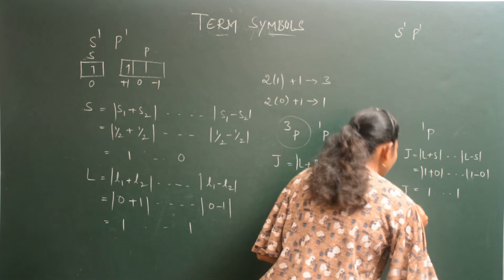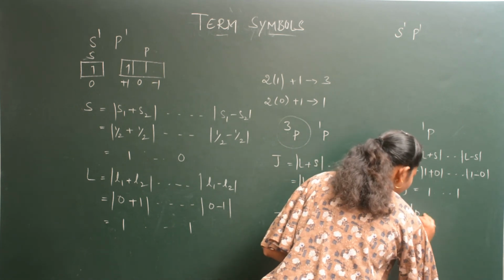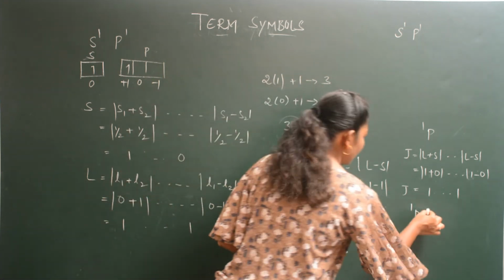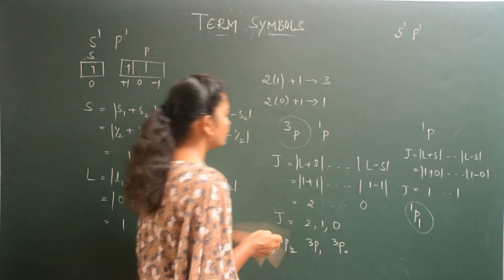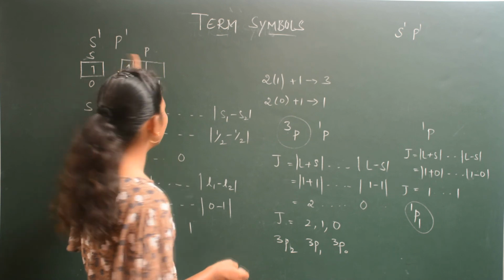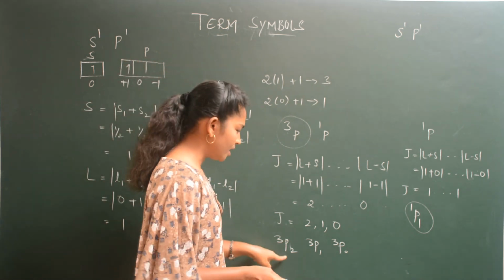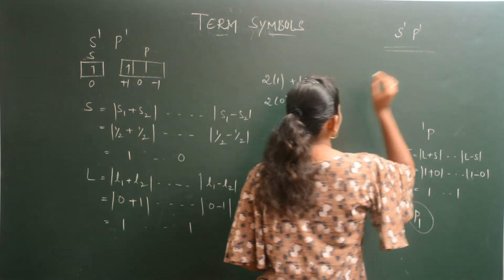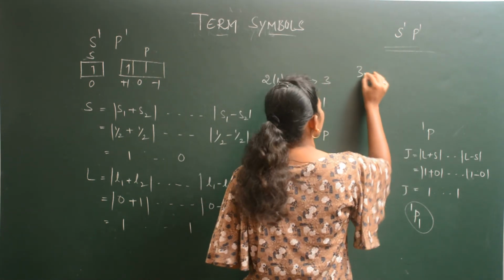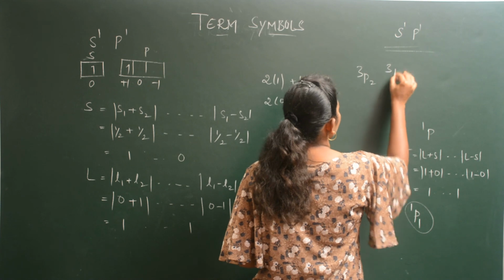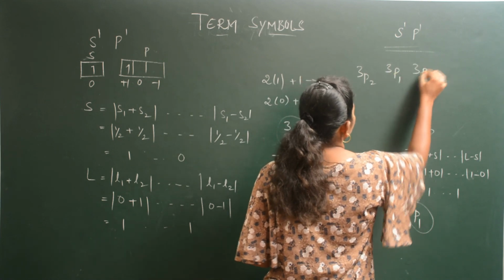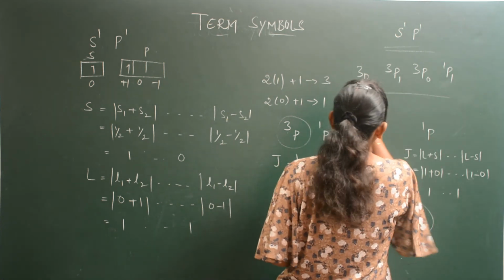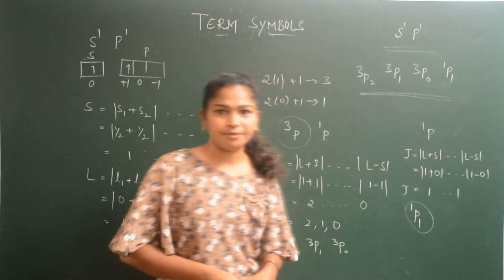So only 1P1 is the term symbol you get here. So for s1 p1, what are the total term symbols? 3P2, 3P1, 3P0, and 1P1. These are the possible term symbols.